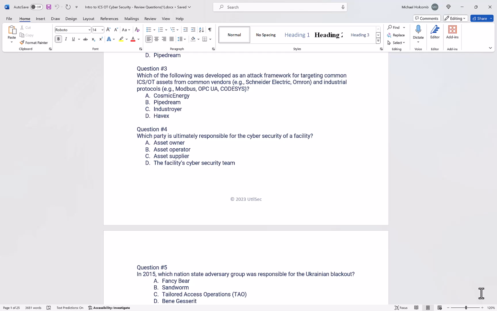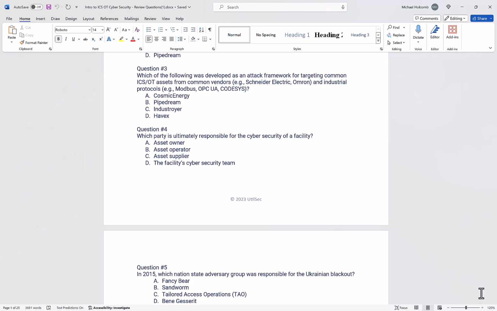I think there's probably not too many people in the world that have actually seen it, but Pipedream is that framework, where it's really designed to use living off the land techniques, or basically the default capabilities of different systems in ICS OT environments against them.